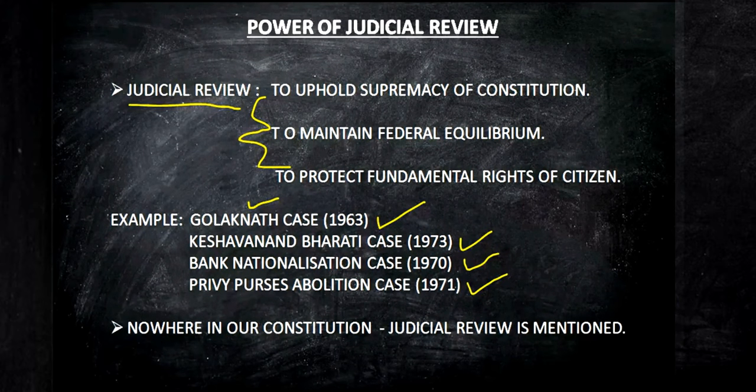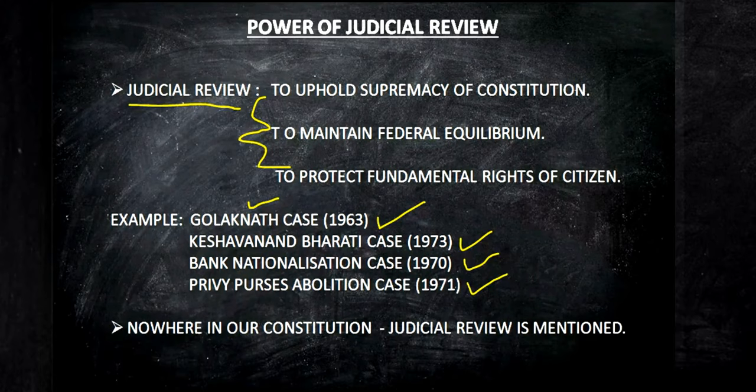All these cases, and there are so many examples where the Supreme Court has exercised the power of judicial review. Okay, and as I have mentioned earlier, judicial review is nowhere mentioned in our constitution. Is it clear? So this was all about judicial review.